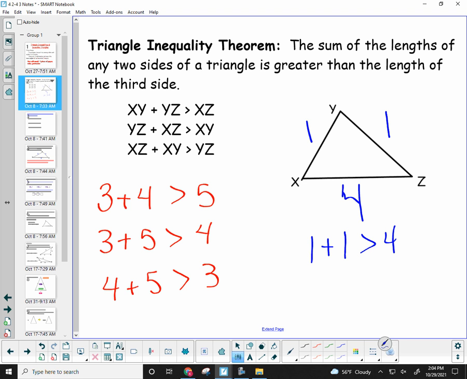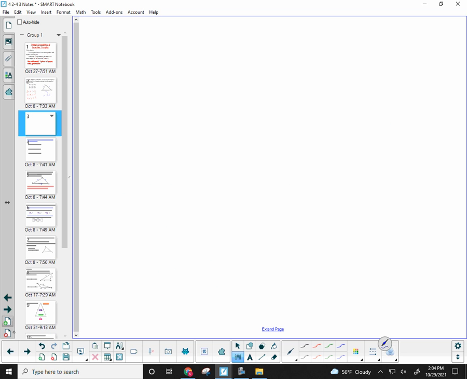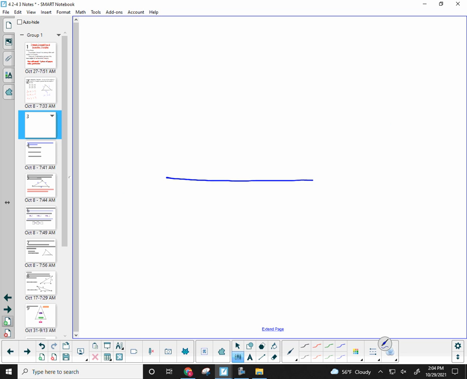So let's think about what this would look like visually. Think about if I had a 4-foot board, this is 4 feet long, and I wanted to make a triangle using this board and two 1-foot boards. So I put it here, and this is 1 foot, and here, and this is 1 foot. Are those going to reach each other?